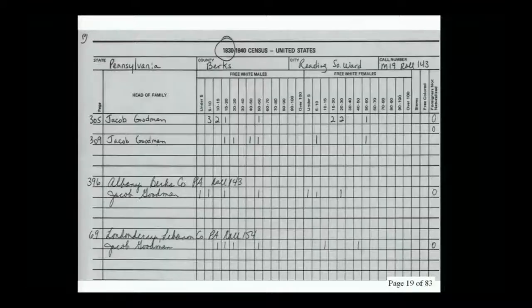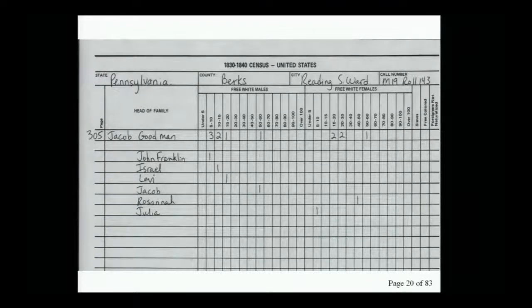Slide 19, I've charted those all out with the numbers and ages of the children. The 2 in South Reading fit the best, and on slide 20, I show you the names of the children that I know and how they fit in that relationship.